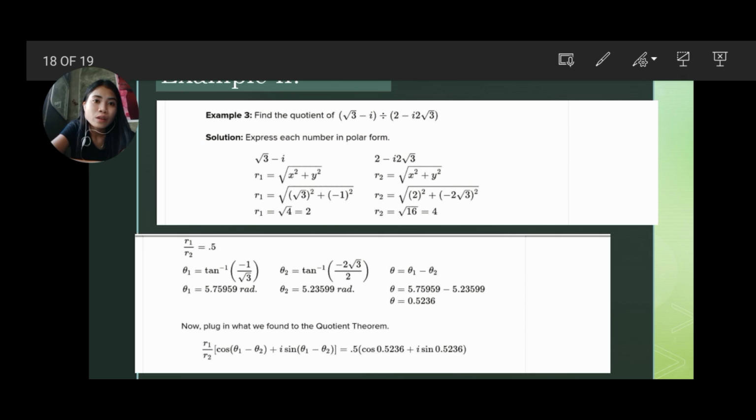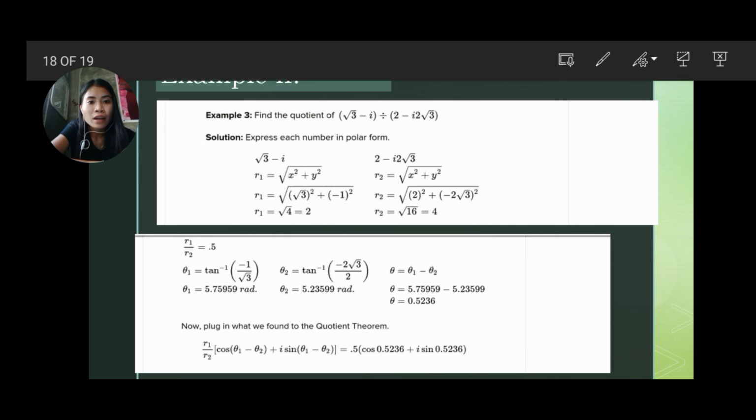Next, we need to find the theta values of those quantities. Theta sub 1 is for the square root of 3 minus i, and theta sub 2 is for 2 minus i 2 square root of 3. The x values and y values are the same.